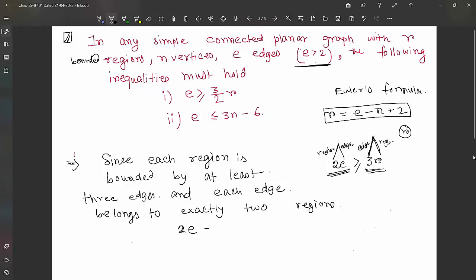So the relation is that 2 regions are attached to 1 edge, and this edge number is always greater than or equal to 3, since at least 3 edges are required to form 1 region. That's why 2e is greater than or equal to 3r.